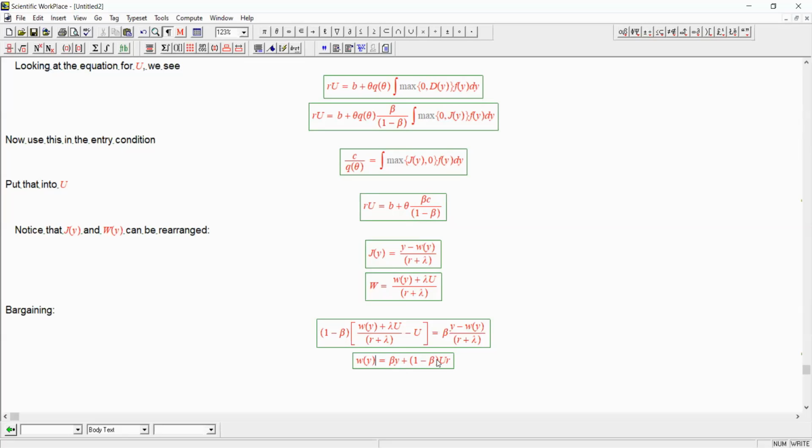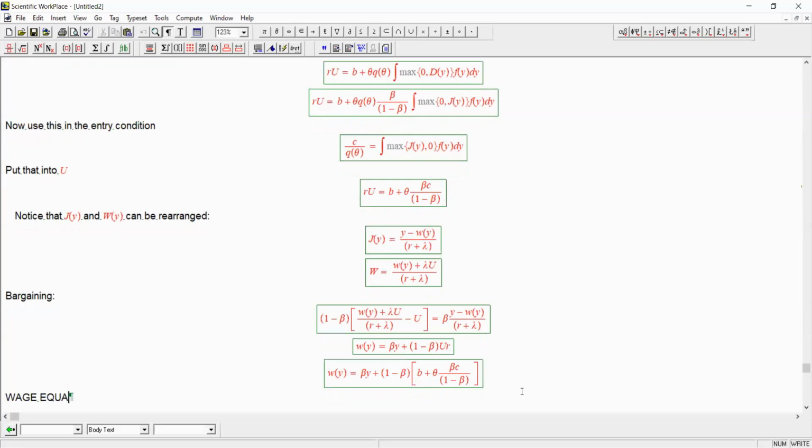We can then rewrite this in very simple terms, because remember up here we had a very simple expression for UR. We're going to call this the wage equation. All we need to know is theta, which is an aggregate variable, the labor market tightness. And with this equation, we will get the wage w(y) for any y.